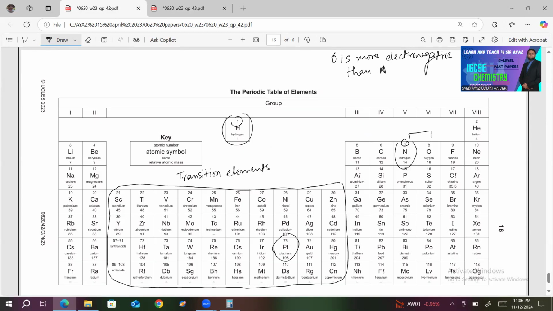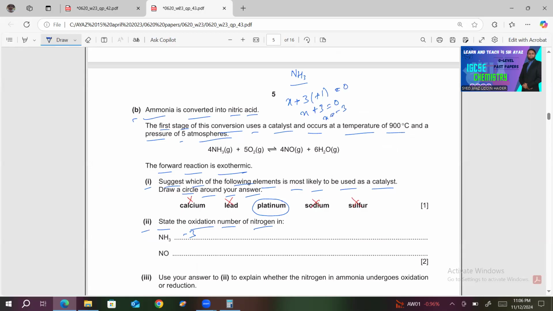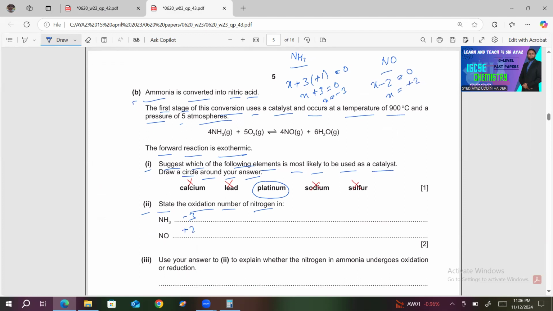Oxygen is in group 6, and group 6 carries -2, or 2 minus charge. So if oxygen is carrying -2 charge, nitrogen must be carrying +2 charge. For nitrogen, I will take X, plus one atom of oxygen, so -2, is equal to 0. So you will get +2. So +2 will be the oxidation number of nitrogen in NO.